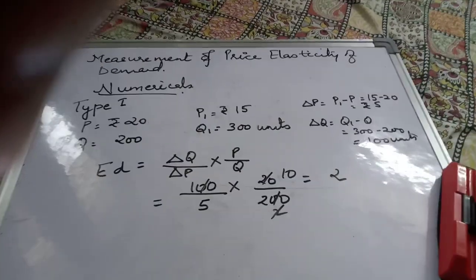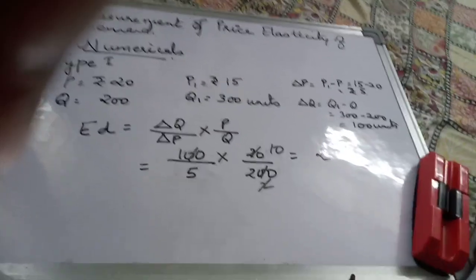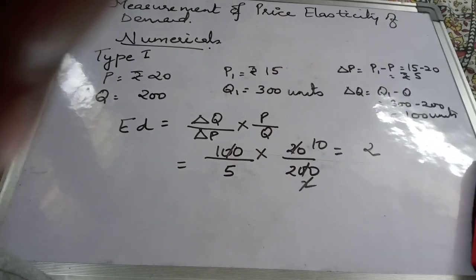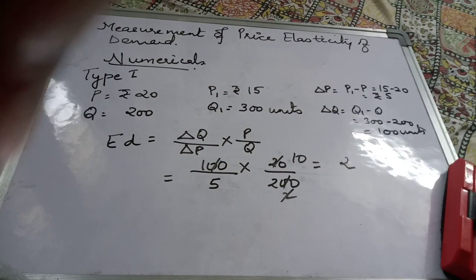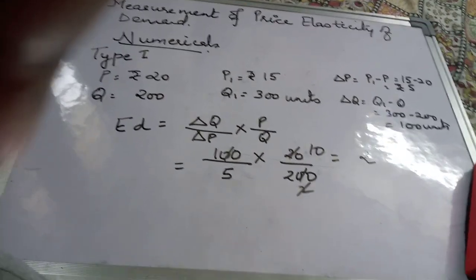Now elasticity of demand is a ratio and it's a coefficient, so it does not have a unit. So the elasticity of demand is 2.